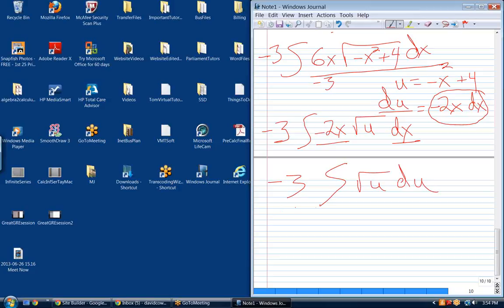So this becomes minus 3 u to the 3 halves multiplied by 2/3, which is equal to minus 2 times minus x squared plus 4 to the 3 halves plus c. Yeah, I did that right.